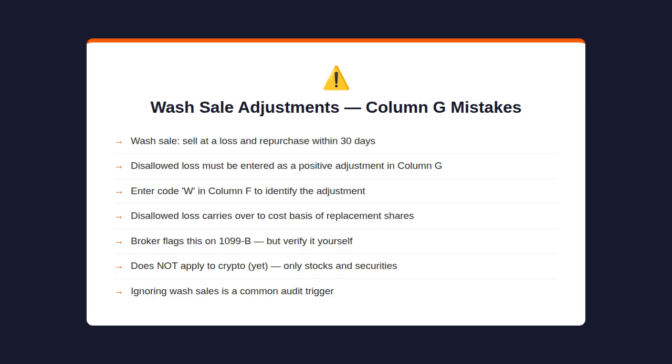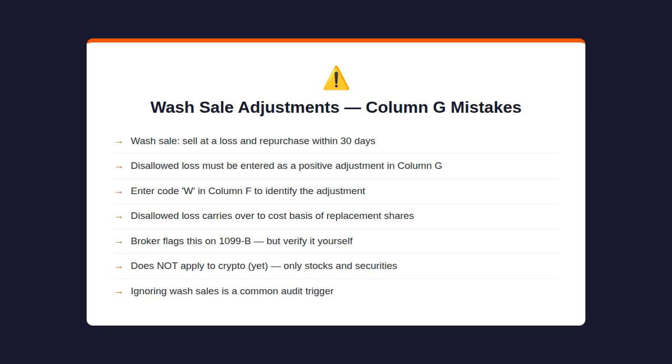You'll also enter the code W in column F to indicate a wash sale adjustment. The disallowed loss isn't gone forever, it gets added to the cost basis of the replacement shares, so you'll eventually get the deduction when you sell those shares for good. Your broker should flag wash sales on your 1099-B, but always double-check.